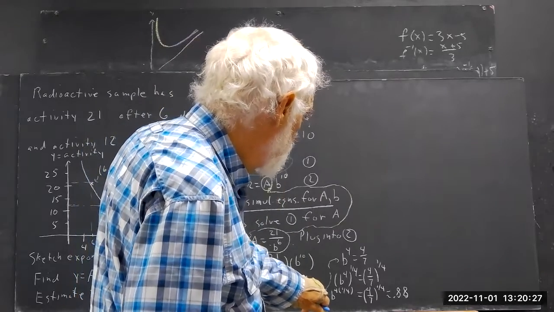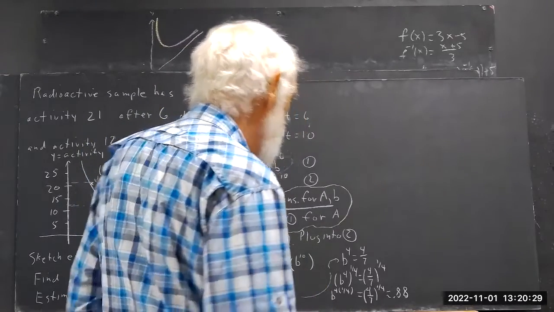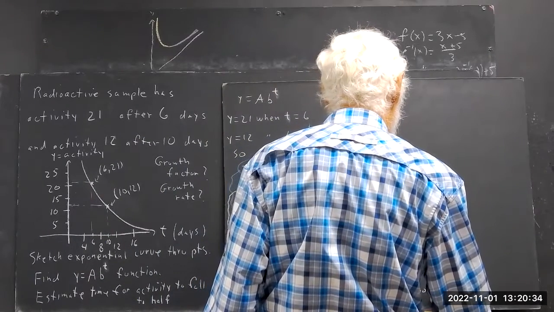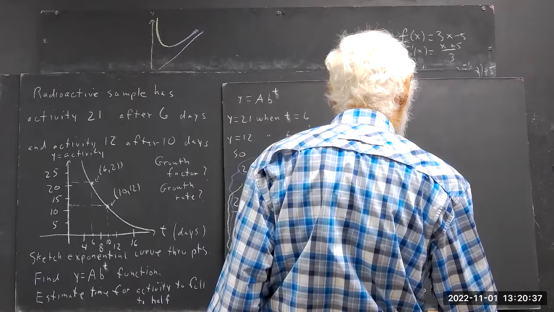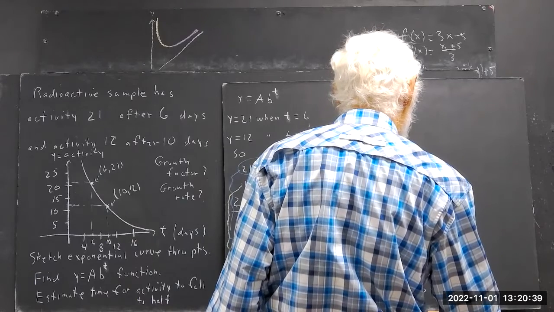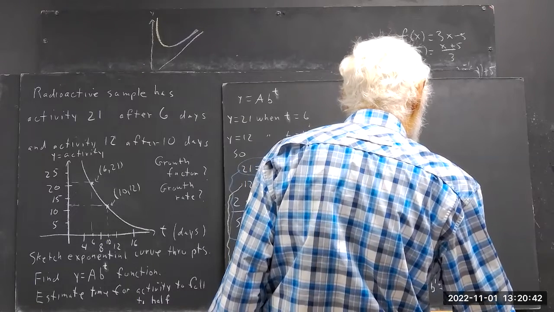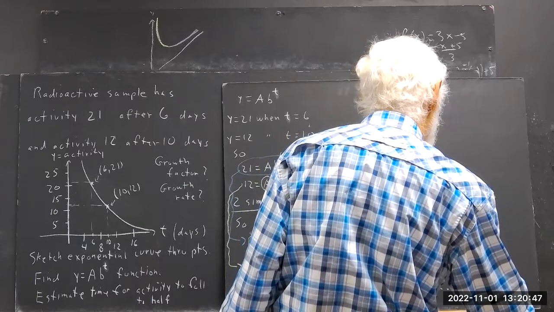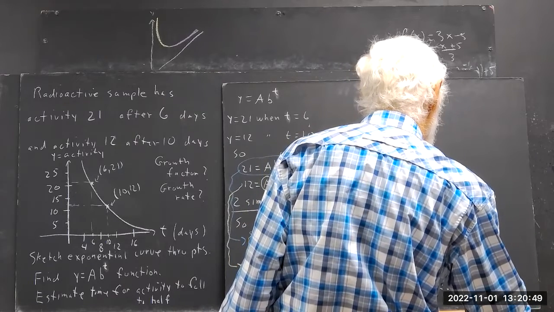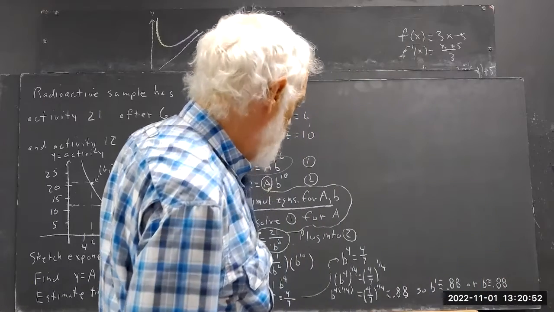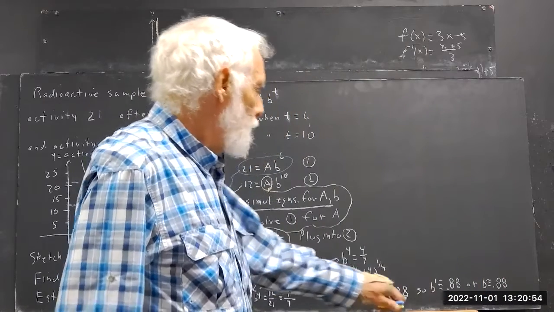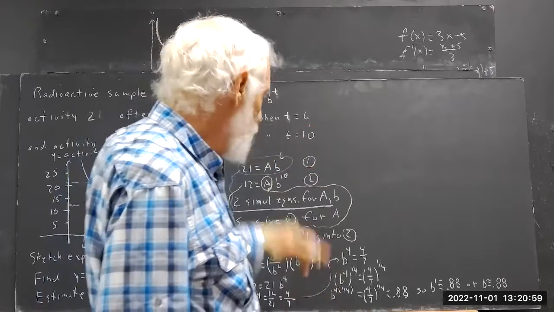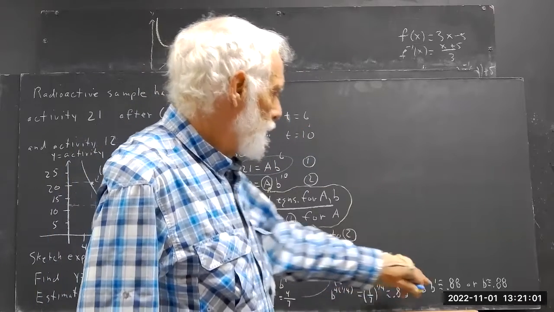Well, now that we have B, and of course, the 0.88 is B to the 4 to the 1/4, 4 times B to the 4 times 1/4. 4 times 1/4 is 1.